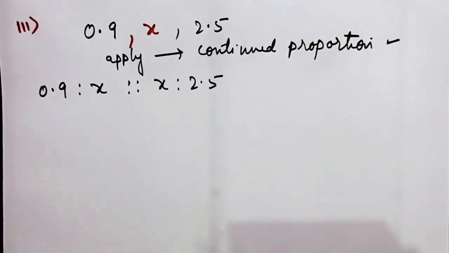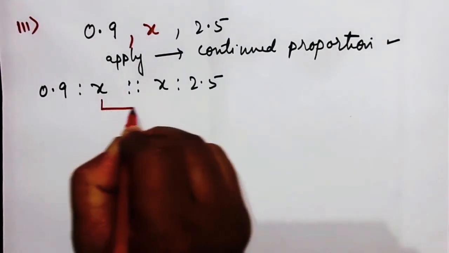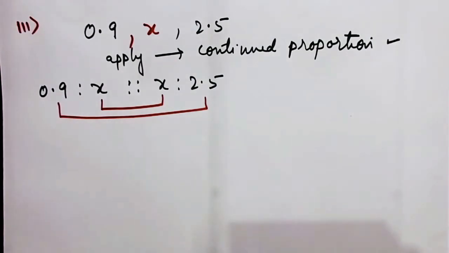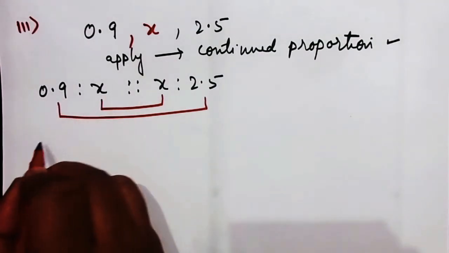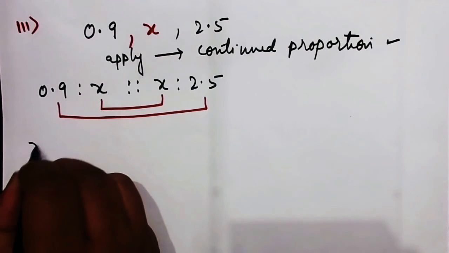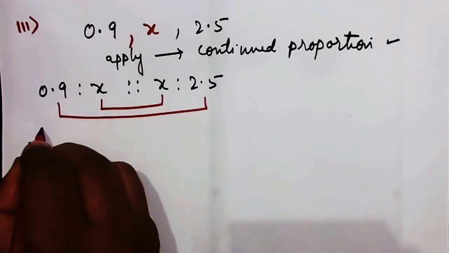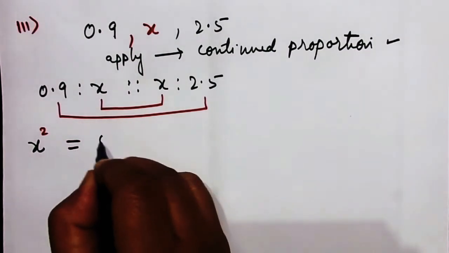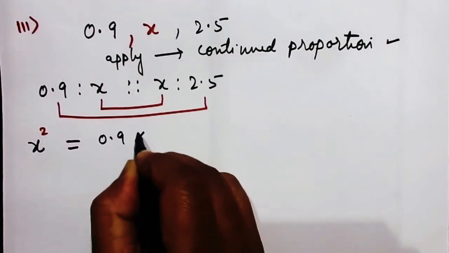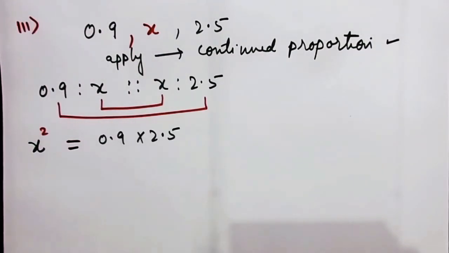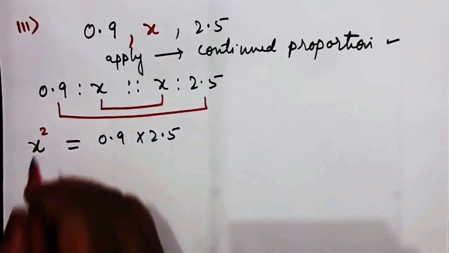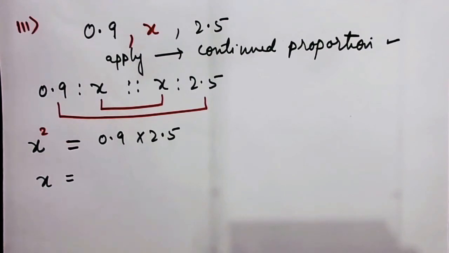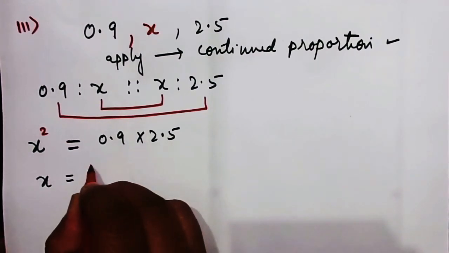And then we apply the product of means is equal to the product of extremes. So product of means, x square, will be equal to 0.9 into 2.5.